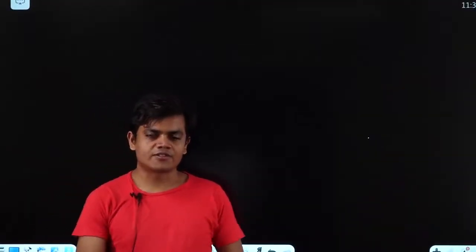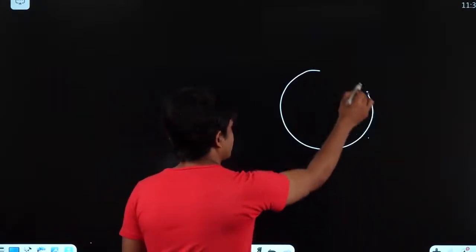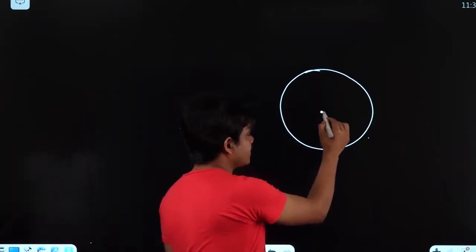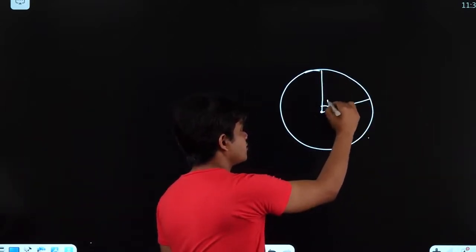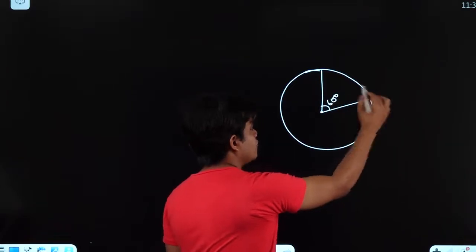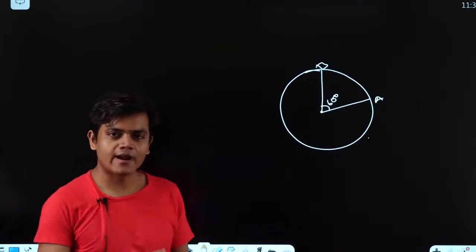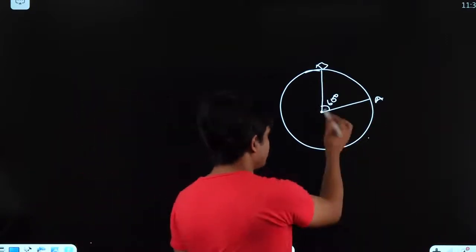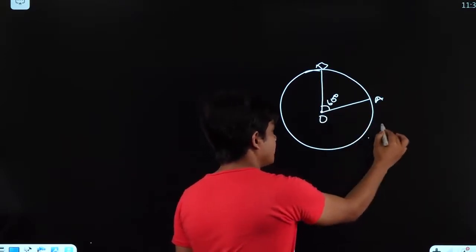So now let's do some very basic questions. If you have a circle, and the angle subtended at the center is given, like 60 degree, and if you are asked about the length of the minor arc and the length of the major arc, then how shall you get it? But yes, they should give you the radius.